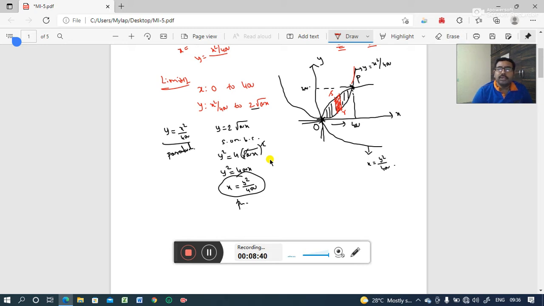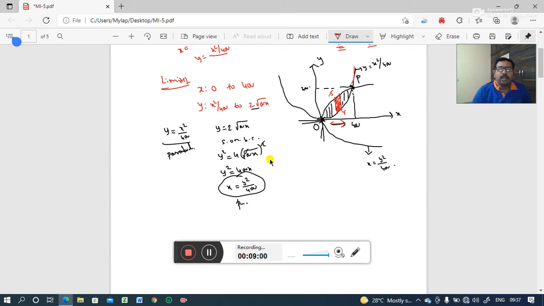So what type of strip have they given here? Vertical strip. The constant limits are taken from the x axis, and the variable limits are chosen from this vertical strip. This is the given diagram.